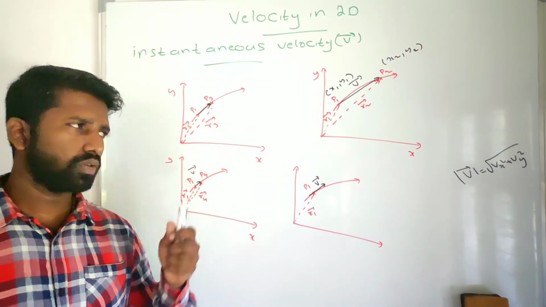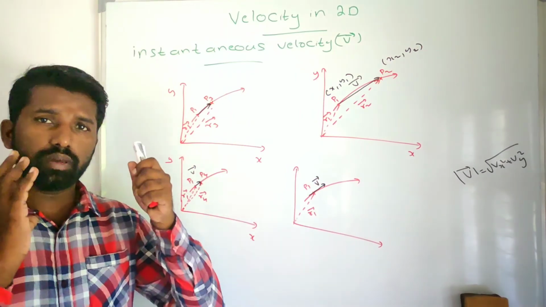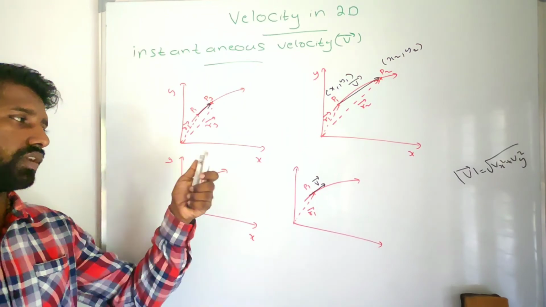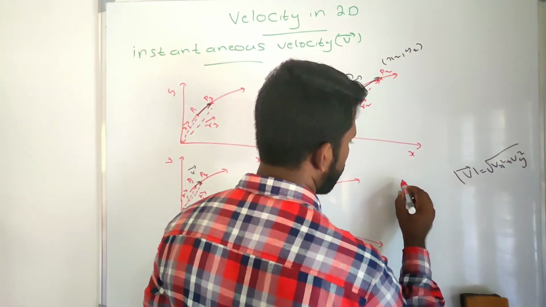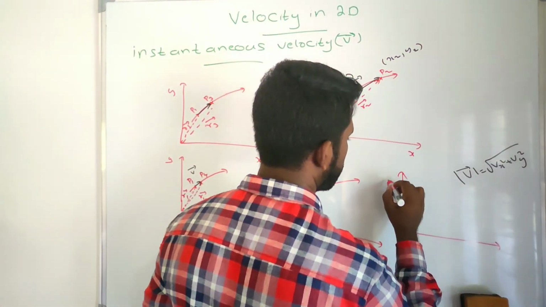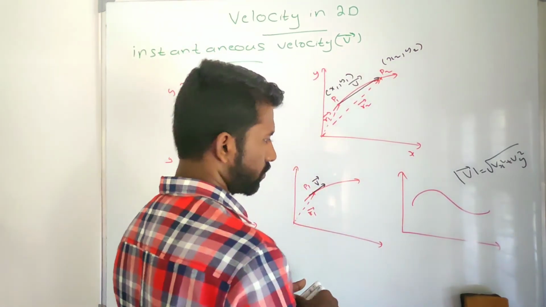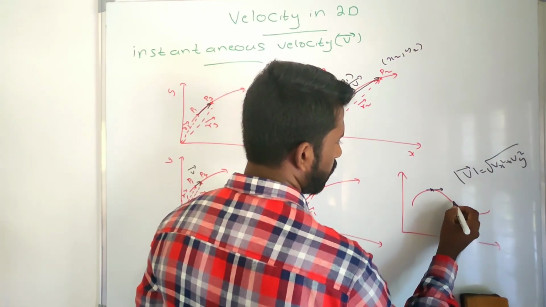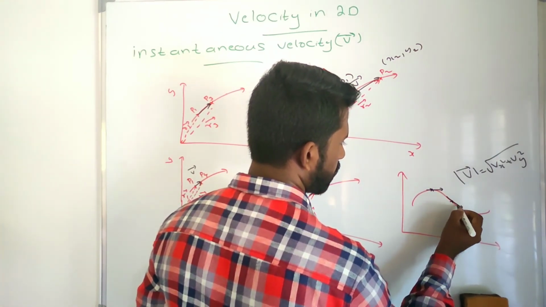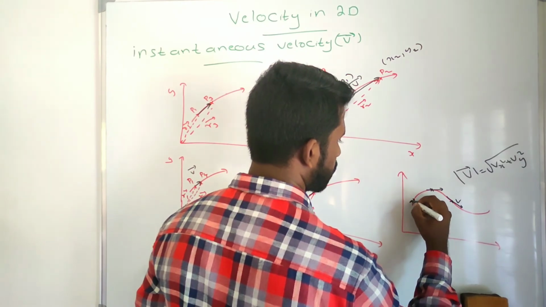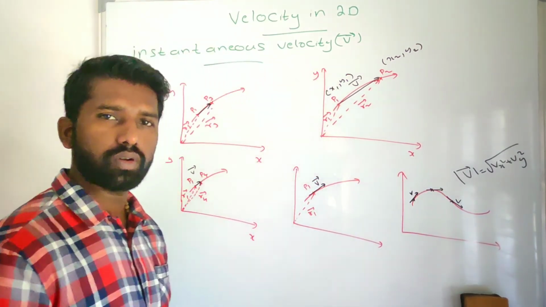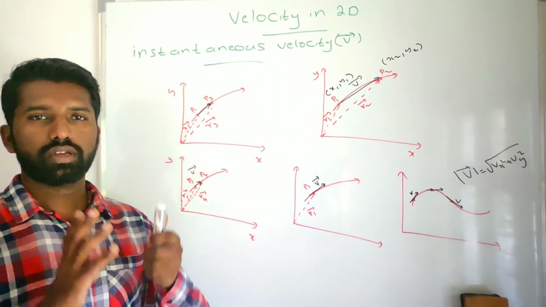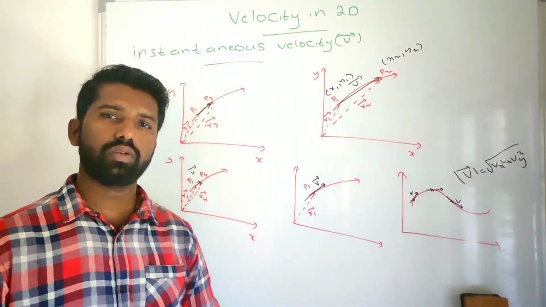So for any path, the instantaneous velocity at a point is given by the tangent. If I consider a path like this, you see that at this point the velocity direction is like this, here the instantaneous velocity direction is like this, and here it is like this. This way you can find the instantaneous velocity direction on a particular path.